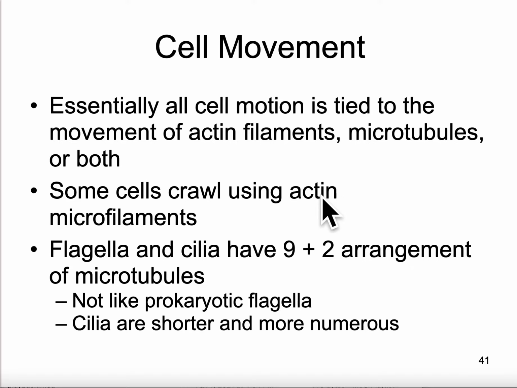That's using the constant lengthening and shortening of microfilaments, or those actin filaments. The one that looks like two pearl necklaces wound around each other. And the way it does it is the cell is pushed by microfilaments growing on one end and shortening on the other end.